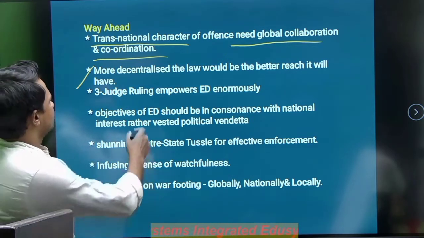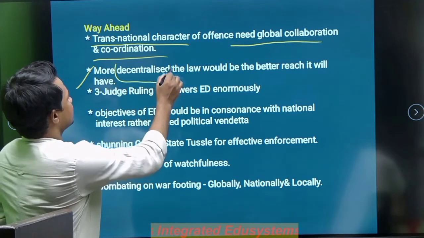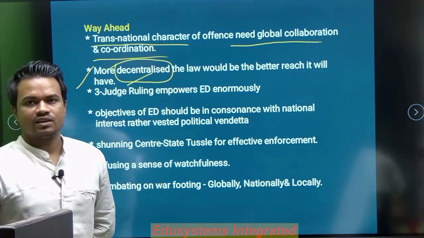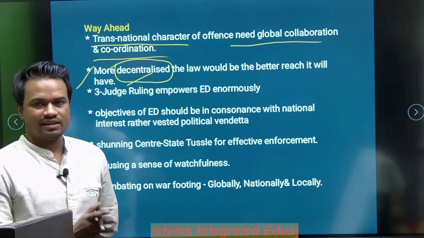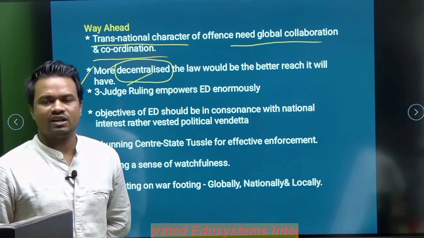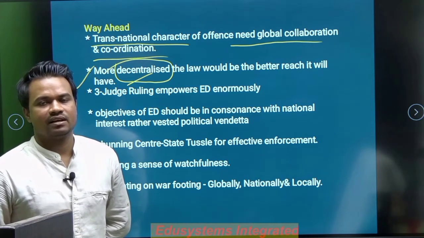Since money laundering is prevalent across the country, every region may have different issues or a different nature of money laundering.